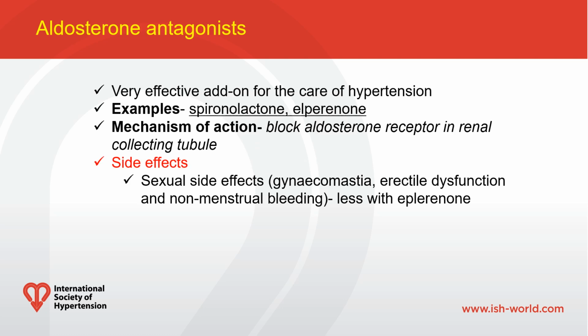Now coming to aldosterone antagonists, they are very, very effective, especially when we have difficult to treat hypertension, resistant hypertension, or poorly controlled hypertension. An example is spironolactone. The mechanism of action: it blocks the aldosterone receptors in the renal collecting tubules.